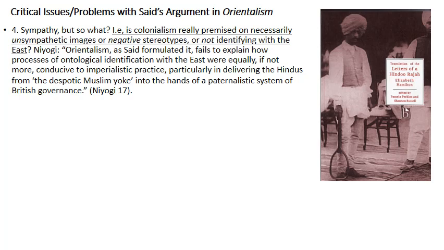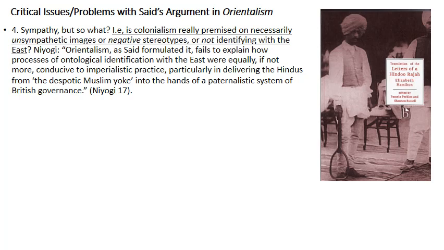But actually, if you read 18th century British Orientalism, you'll see that often there is sympathy, there is identification with the East. But interestingly, this becomes the premise for supporting British rule. So colonialism need not always be premised on unsympathetic images, negative stereotypes, or not identifying. In fact, it could be undergirded or perpetuated by sympathetic images, positive stereotypes, and identifying with the East.